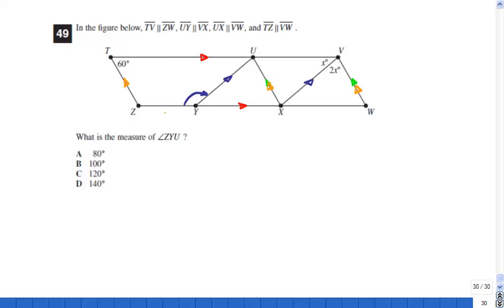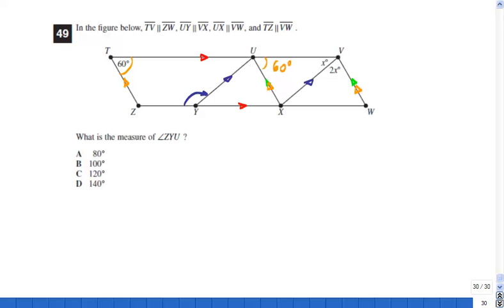Knowing that, and knowing that this angle here is 60 degrees, what can you tell me about that angle over there? That angle will be what? Well, that angle is going to be 60 degrees, right? Because TZ and UX are cut by the transversal TV or TU if you want.